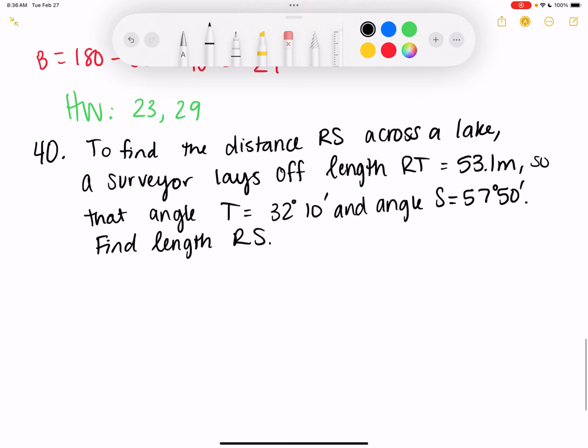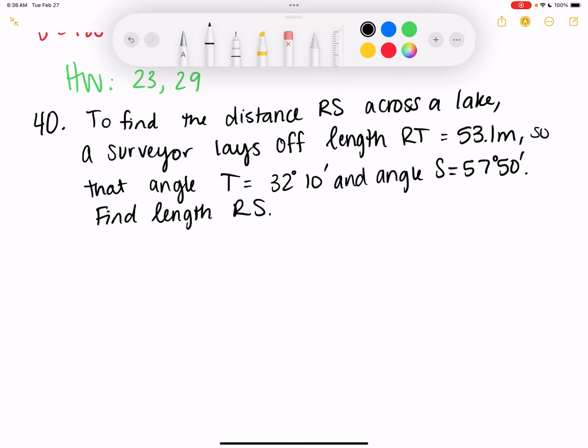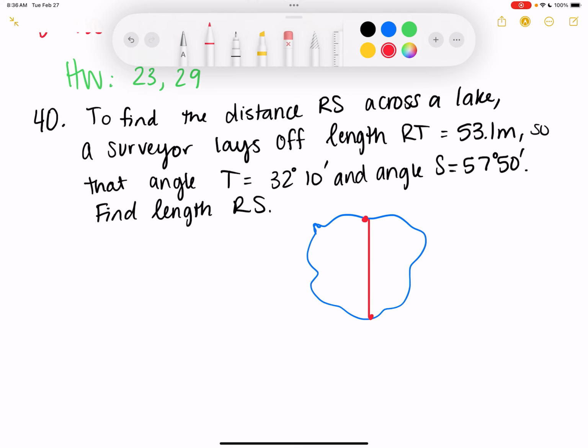So we've got our lake. Are we solving it like yesterday? Yeah. So basically we're just solving the triangle now in a word problem.